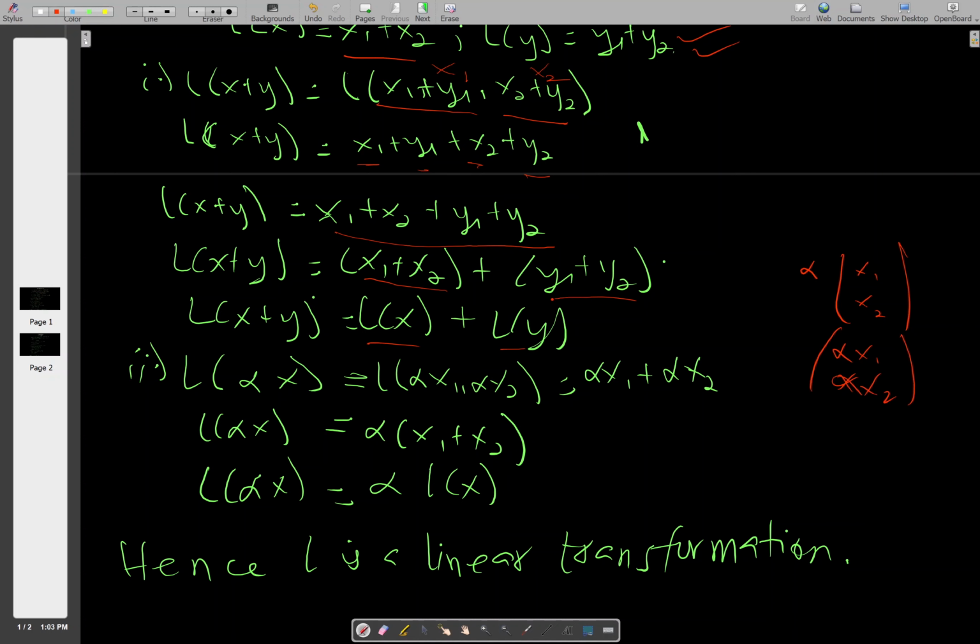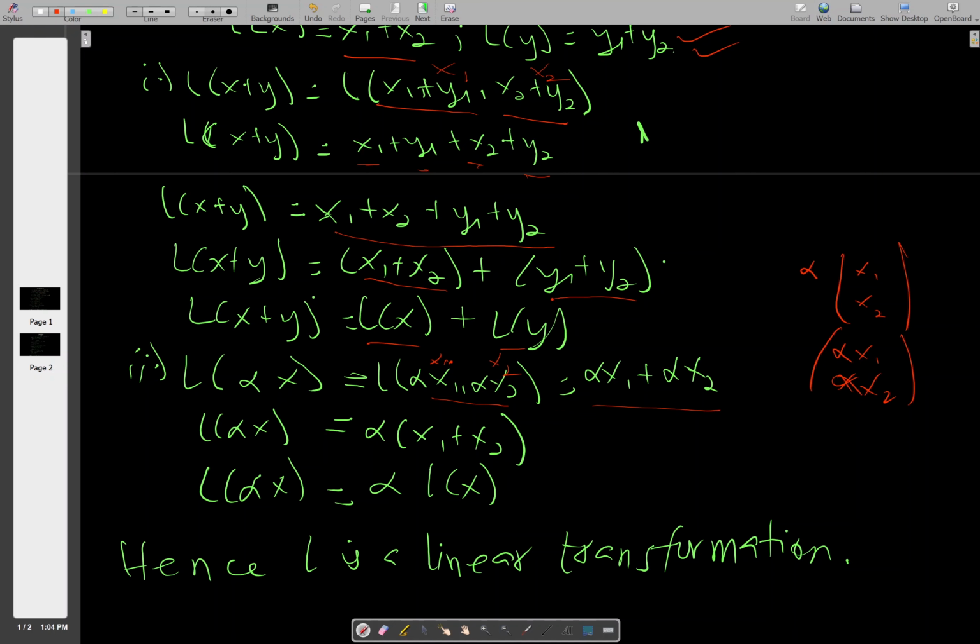From the definition, L of x is x1 plus x2, so L of that will be alpha x1 plus alpha x2.